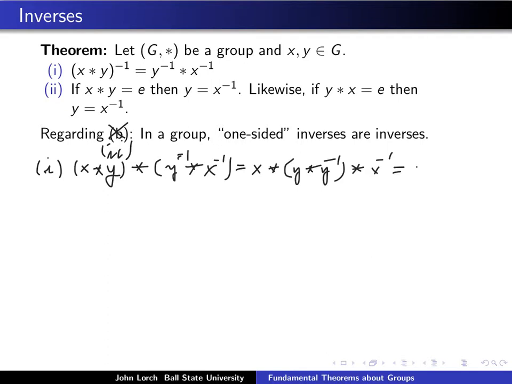So this is essentially just X times X inverse. And that simplifies to being the identity. And therefore, this product, Y inverse times X inverse, is the inverse of X times Y.